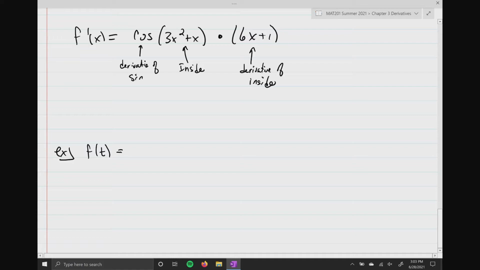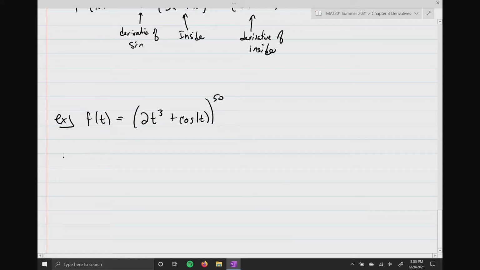F of t equals 2t to the third plus the cosine of t. And this is all raised to the 50th power. So f prime of t is going to equal, well, I'm going to differentiate the outside function first. So pull down the 50 in front, leave the inside the same. 50 minus 1 is 49.